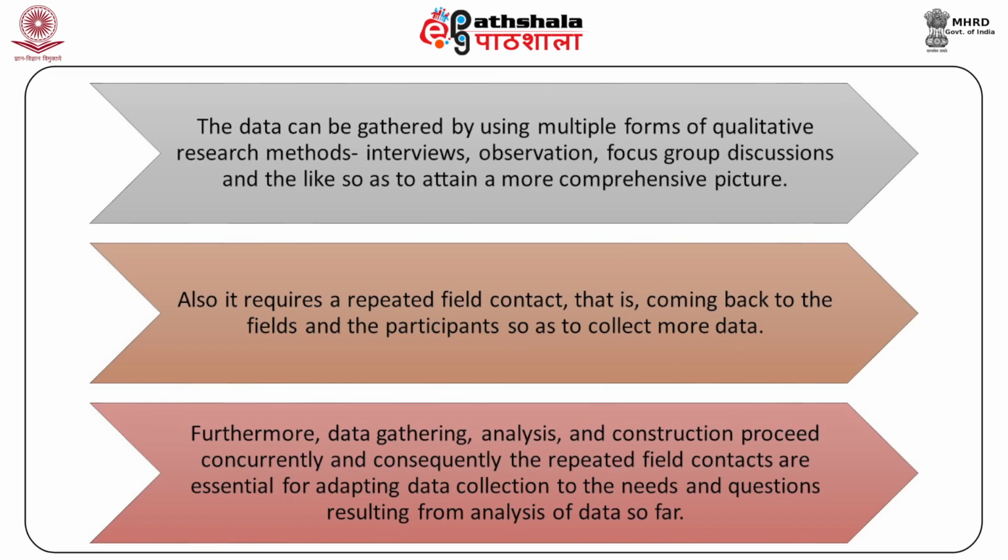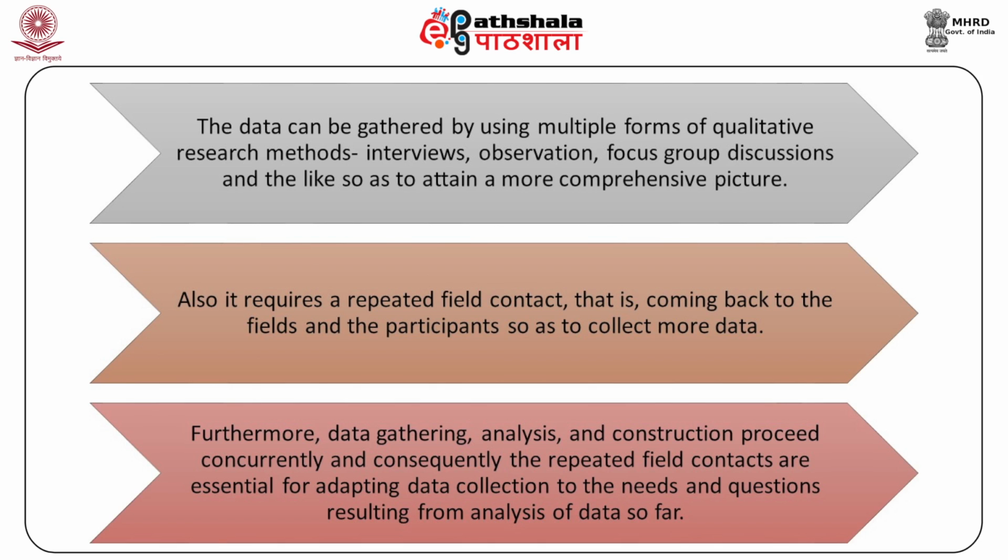In grounded theory, the researcher typically begins with the textual material referred to as the data. The data can be in the form of documents, materials from newspapers, magazines or the internet, or can be in the form of transcripts. The data can be gathered by using multiple forms of qualitative research methods like interviews, observation, focus group discussions and the like, so as to attain a more comprehensive picture.